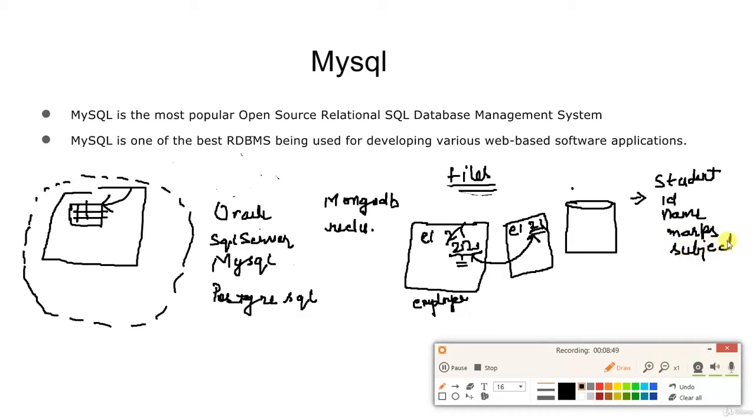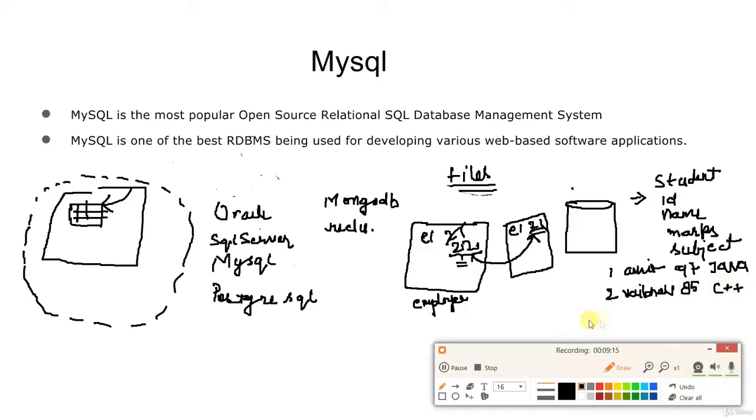Then I can design a table for that. And how will I design a table? Suppose one student is 1, his name is Amit, his marks are 97, and his subject is Java. Then I can have one more student, 2, his name is Webhoff, his marks are 85, and his subject is C++.